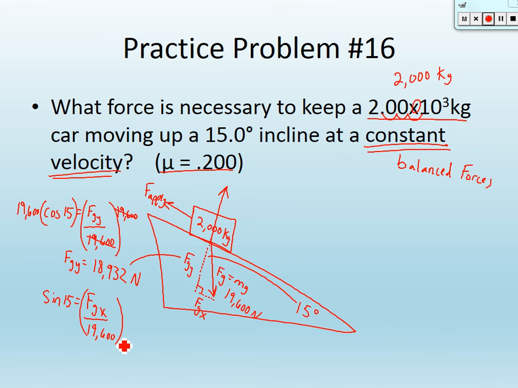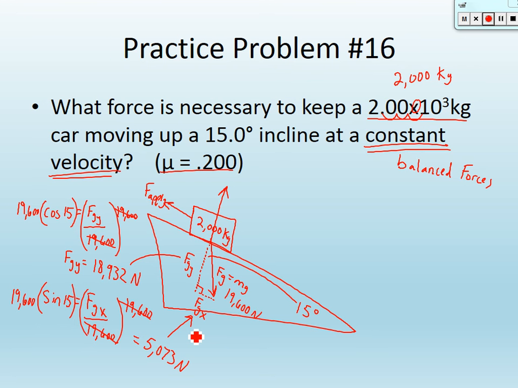Again, we're going to have to times each side by 19,600 to get it off that right side. Okay. And Cole, what did you get FGX equals? 5,073 newtons. Okay. That's what FGX is equal to. Once you get that triangle done, it's kind of a piece of cake from here on out.